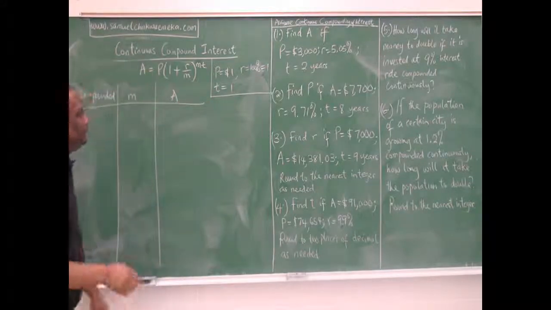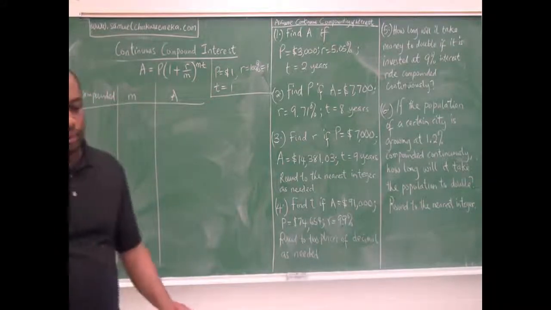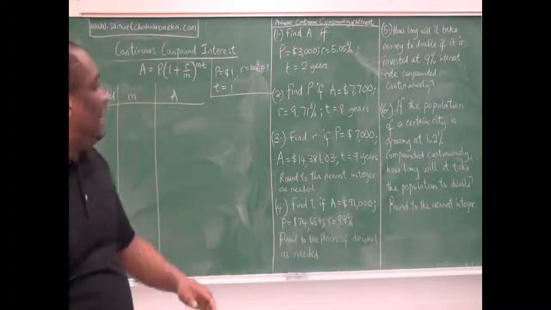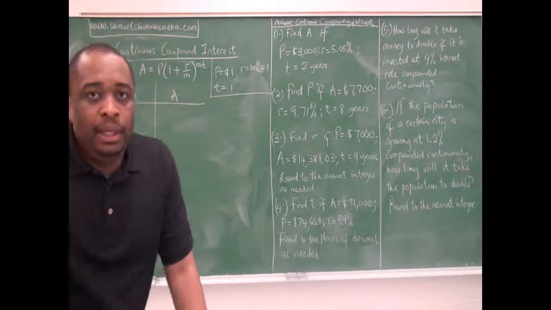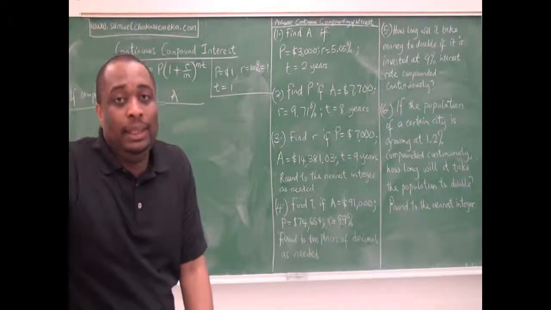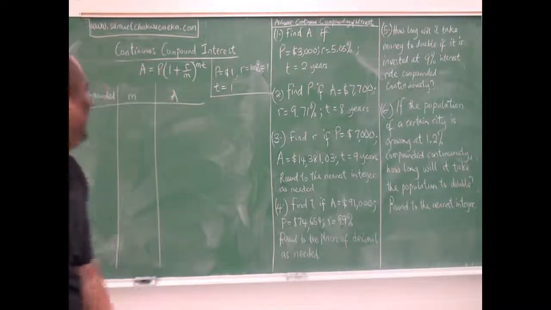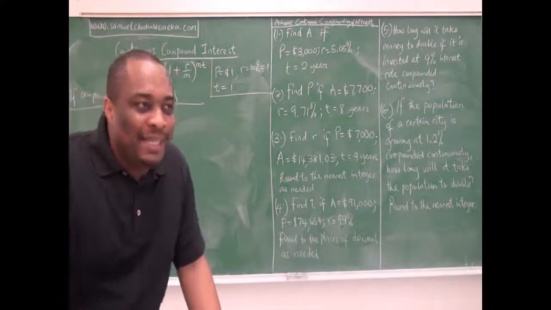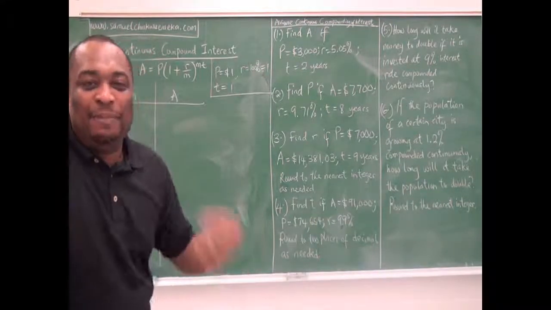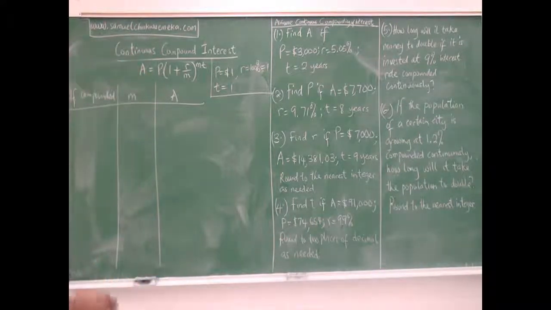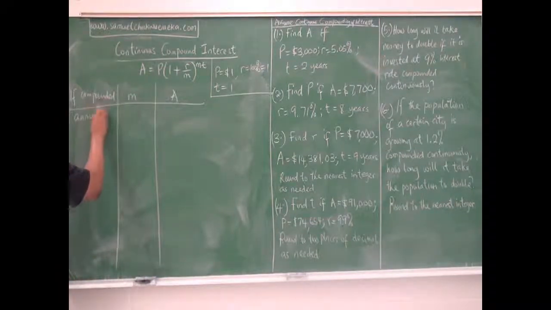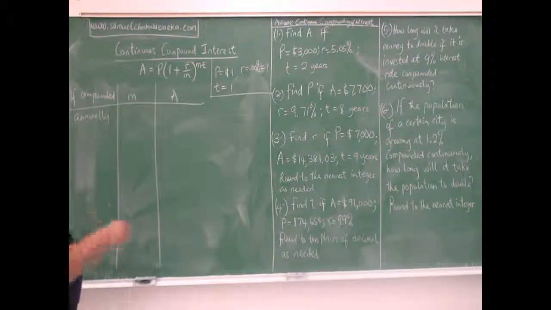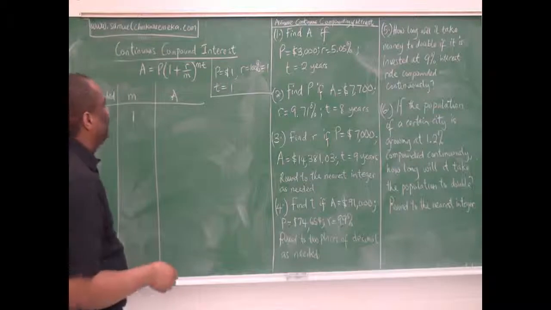Let's compound it and see the amounts, and see whether there is a limit to how much somebody can make when they deposit in a bank that compounds continuously. Now, if compounded annually, how many times do you compound in a year? 1, at the end of the year, 1 time.